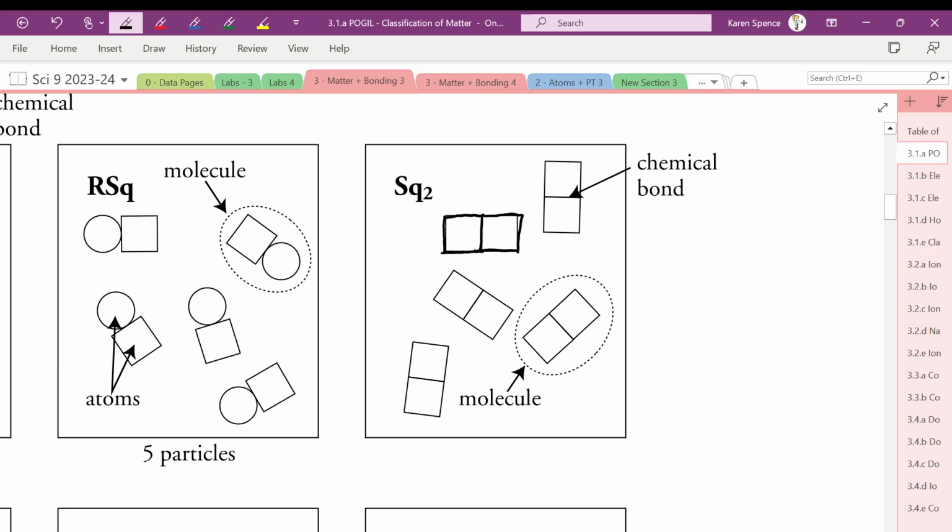And in this diagram, we have 1, 2, 3, 4, 5 particles. Tell your partner what another type of particle is in this diagram here.